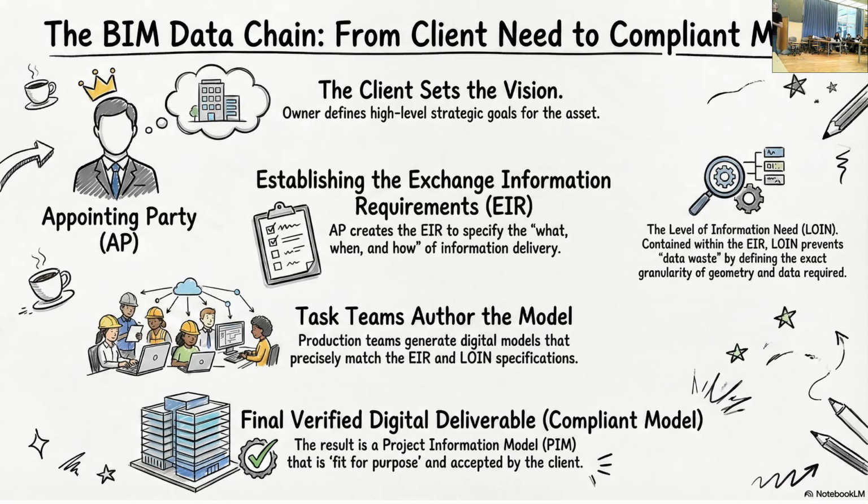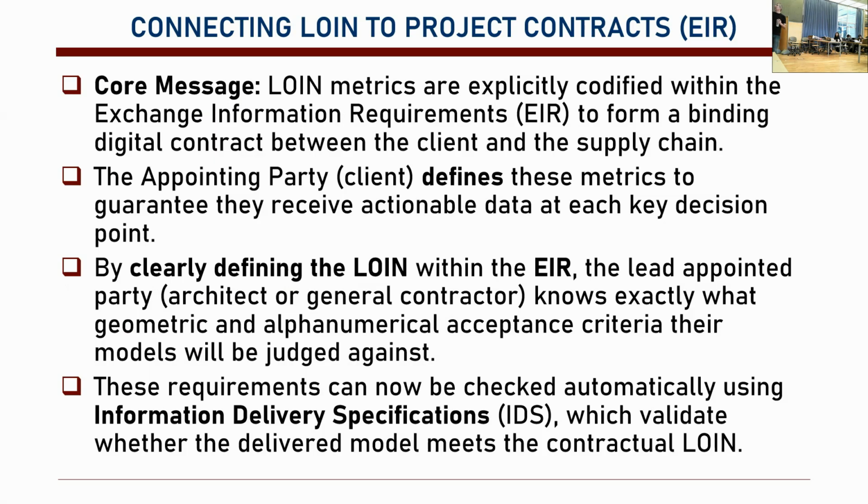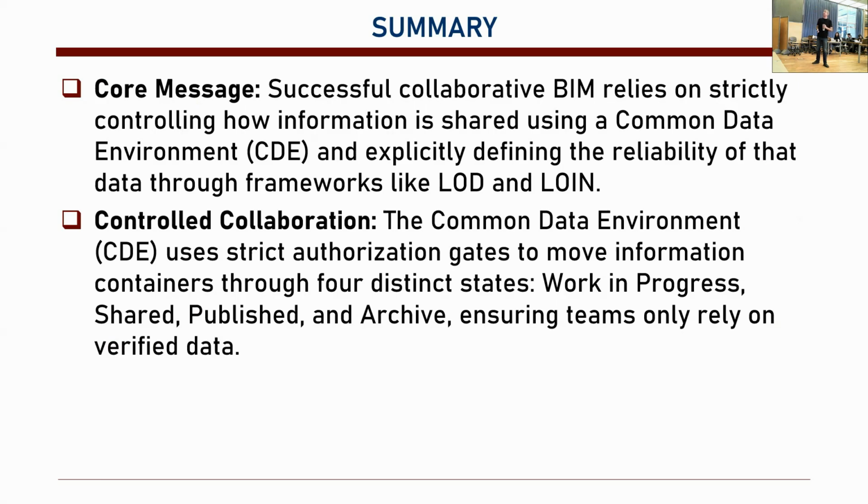So basically, the client sets the vision, they establish the exchange information requirements, task teams, they author the model, and they basically give the model, the project information model, as it basically delivers the information delivery specifications. Okay? Good. You're lucky we are coming to the end.